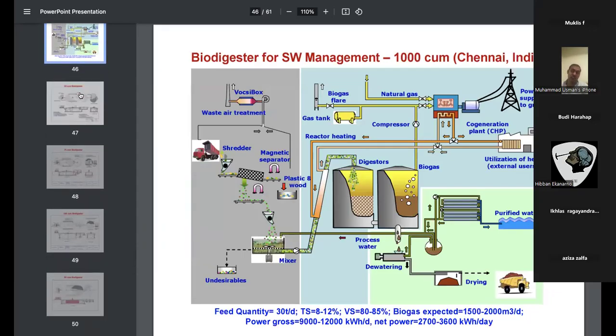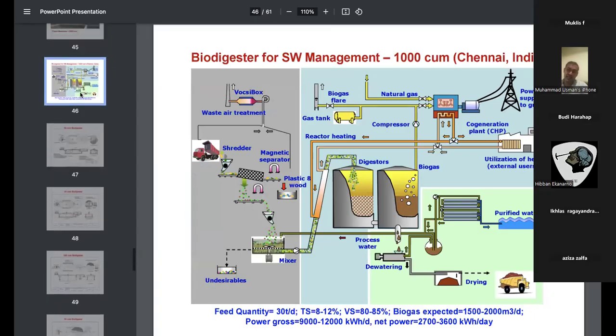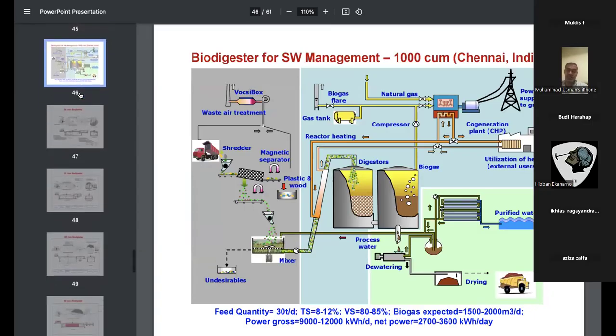This is why India is progressing more in this technology, and they have recently constructed a 1,000 cubic meter biogas plant, which will work on solid waste instead of manure or dairy waste. They have started producing biogas from solid waste as well, which is not common in Pakistan as well as in Indonesia. Next, please.